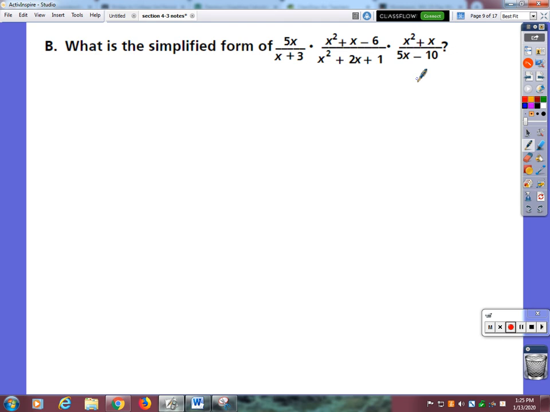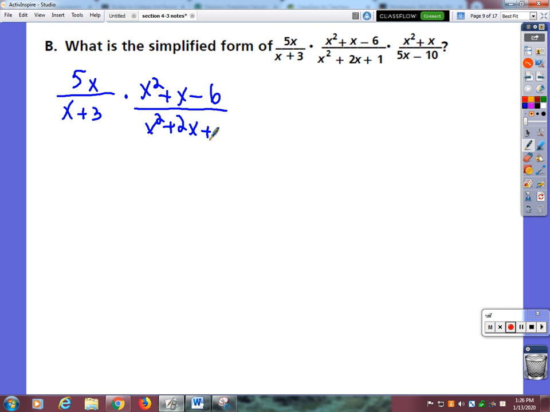All right, so let's get really crazy with the cheese whiz here. Let's do 5x over x plus 3 times x squared plus x minus 6 over x squared plus 2x plus 1 times x squared plus x over 5x minus 10.